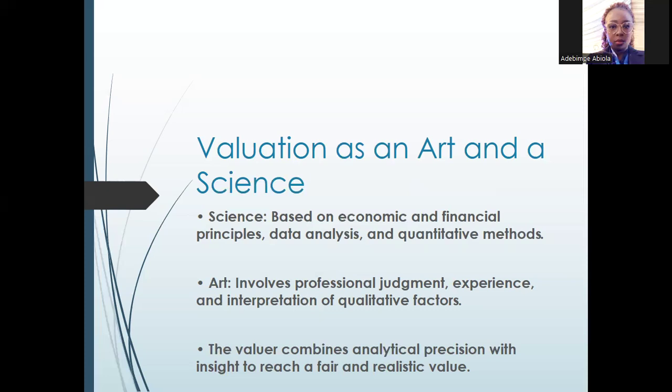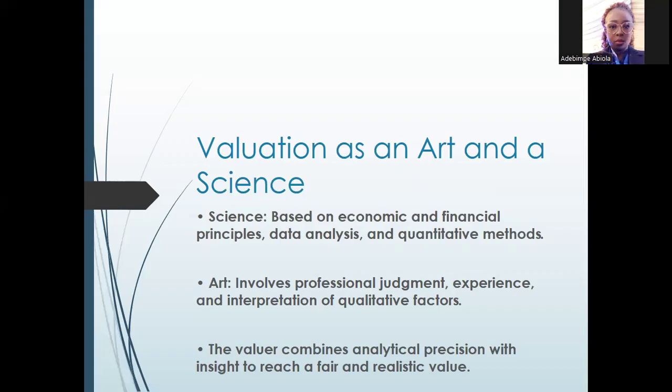And I would like to say something about the art part, because after your calculation might have been done, your market survey, you've gotten everything, and you are trying to come up with your value, most of the time in valuation, what you come up with is an opinion of value. So the opinion of the valuer is being stated.